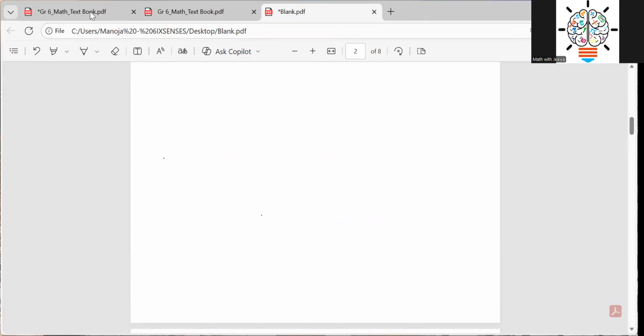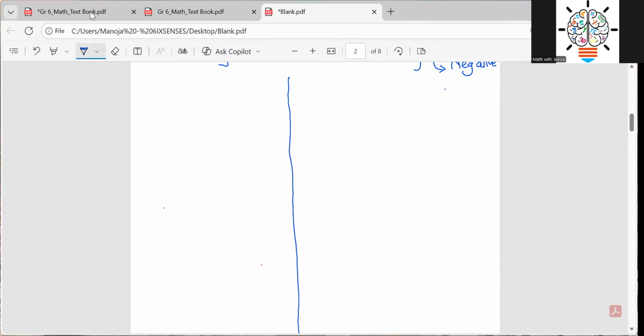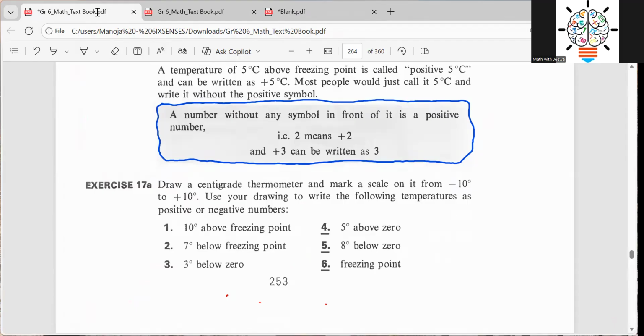I draw this one, and you want to do it nicely. And you have 1, 2, 3, 4, 5, 6, and you want to complete up to 10. This is 0, -1, -2, -3, -4, -5, -6. You want to complete, because here they have given the instruction. You want to get it from -10 to +10.